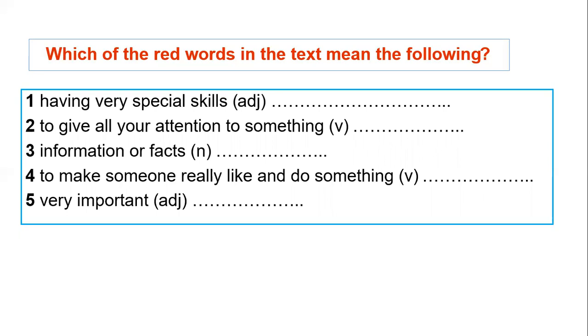You have just 1 minute to look at the text and try to find the synonyms or the meaning for these sentences. Having very special skills means expert. An expert is a man who has special skills.